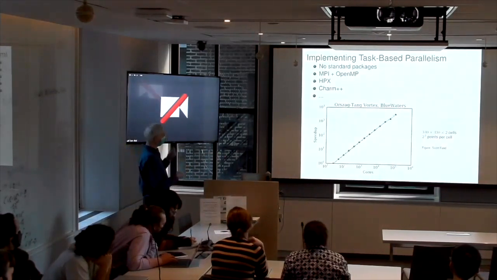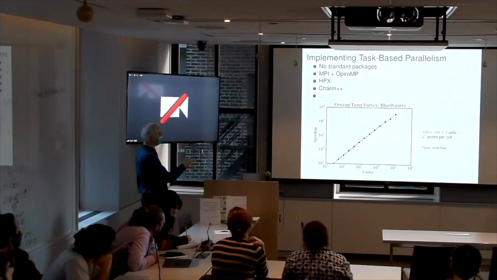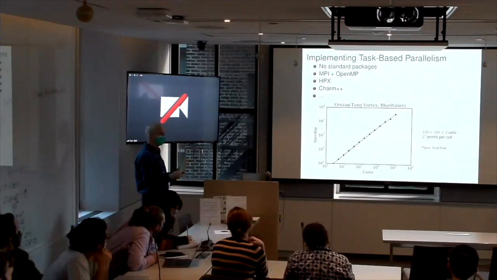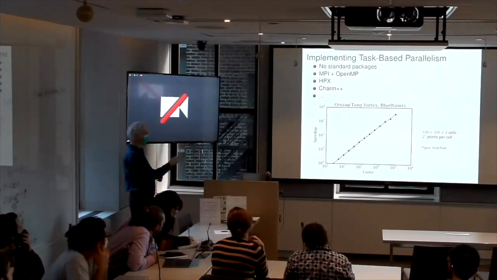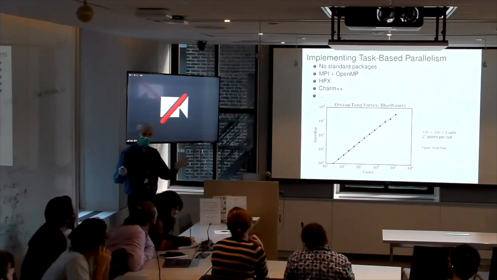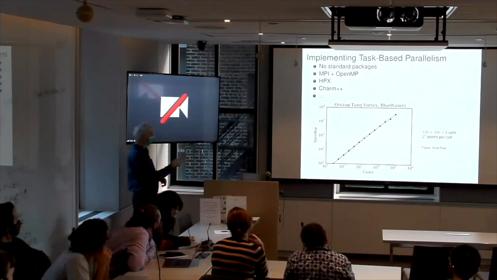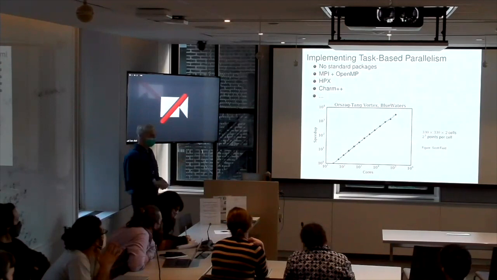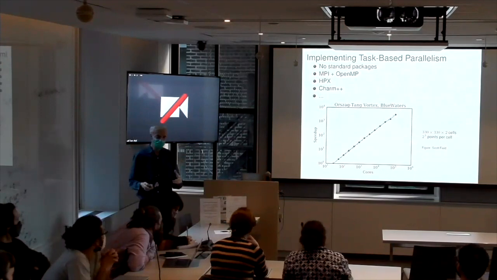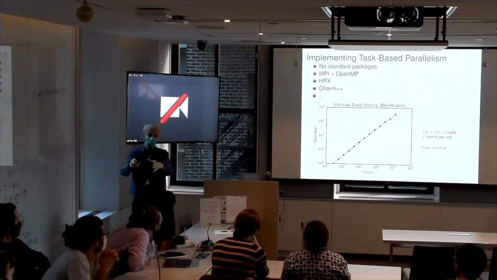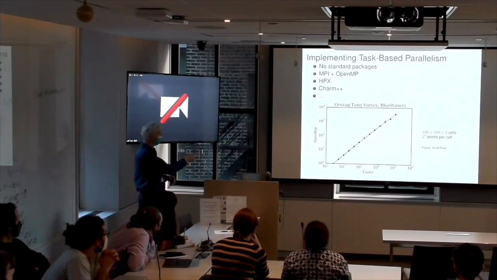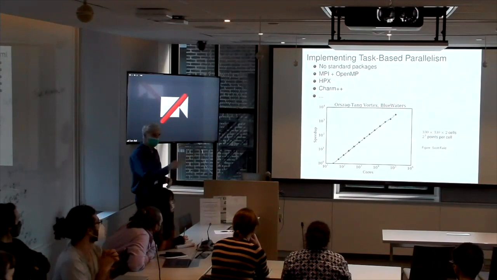So this is relatively new. There are no standard packages. You could do it yourself with a combination of MPI and OpenMP. I don't advise that. HPX is an example of a small group at a university doing something. The problem with this is bleeding edge code.